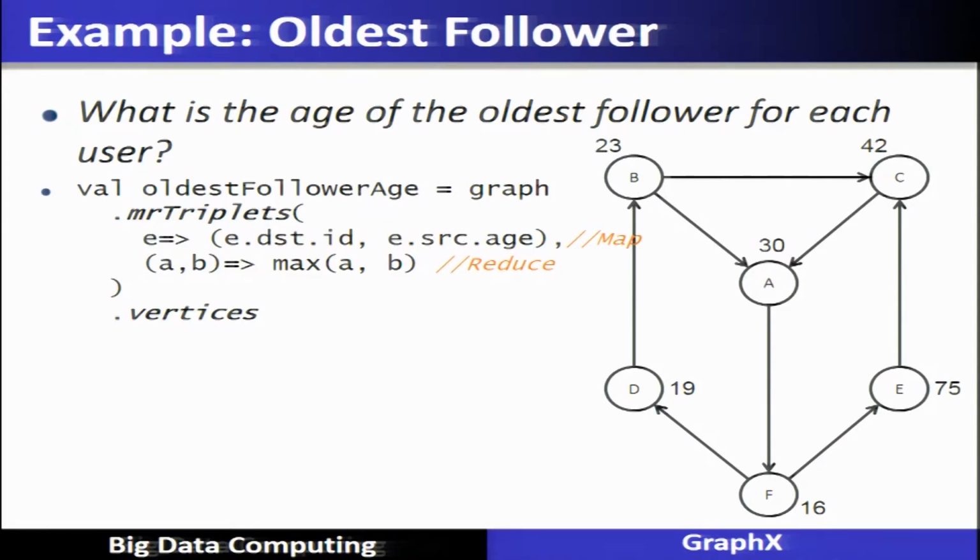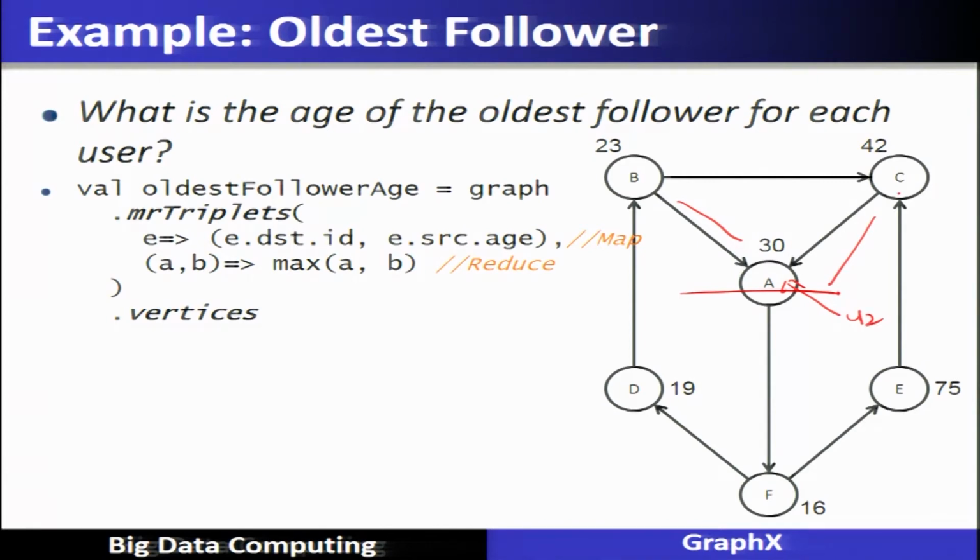You can see here in this example that the node A is followed by C and B. Now, it asks what is the age of the oldest follower of each user. So, the oldest follower of A is 42.